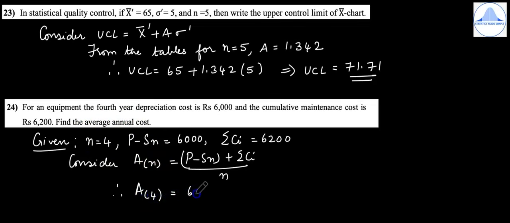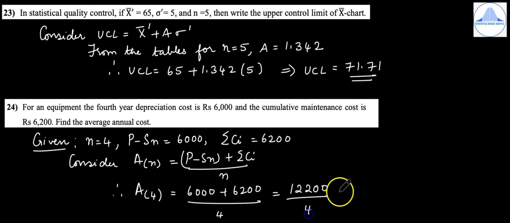This is equal to 6,000 plus 6,200 divided by 4, which is 12,200 divided by 4. So the final answer is rupees 3,050.